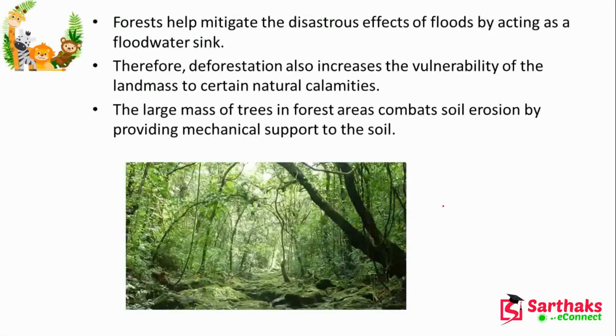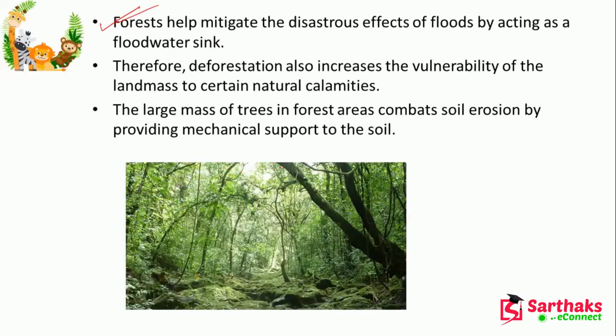Now, forest helps to mitigate the disastrous effects of floods. You can see that with floods, what happens? The floods, the river bank and the floods. If you have the forest, you can see that mangrove will protect us from any floods or tsunami.